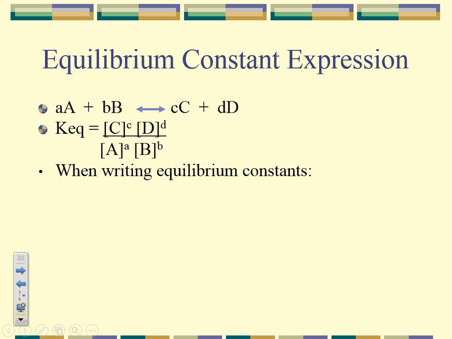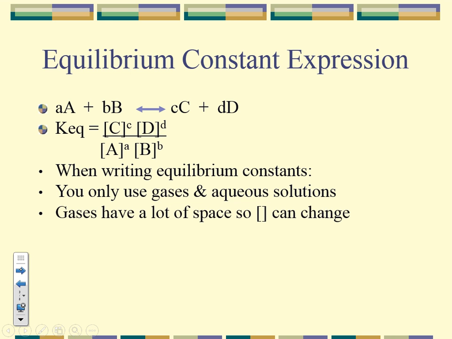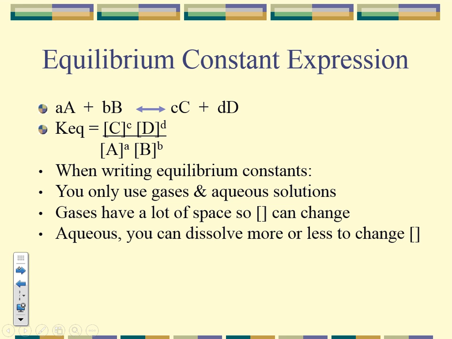When writing equilibrium constants, a couple of things you need to know. Only gases and aqueous solutions are included in equilibrium constant expressions. The reason is gases take up a lot of space, and their concentration can change depending on the amount of space they take up. And aqueous solutions, think about saturation.